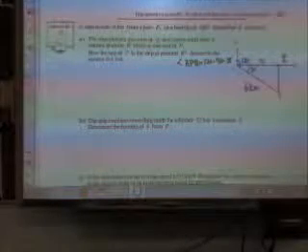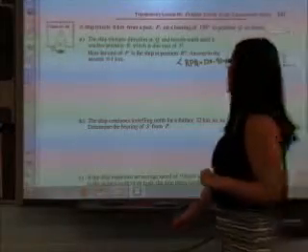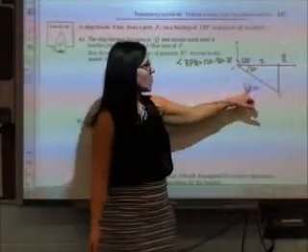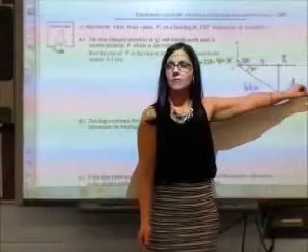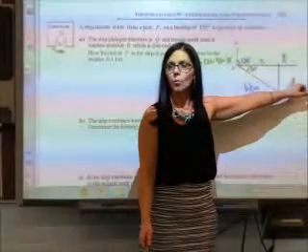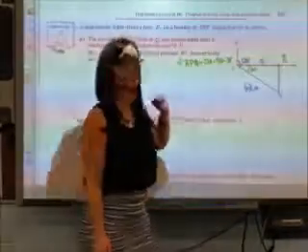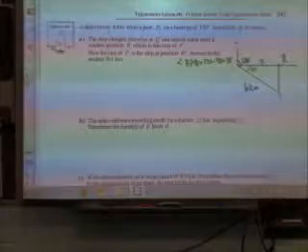So the distance from Q to R, more than 6 or less than 6? Less than 6 kilometers. I know that for sure. Okay? So I have an angle, I have its hypotenuse, and which side am I trying to find? Opposite, because I'm trying to go from point Q to R, right? So what trig function?